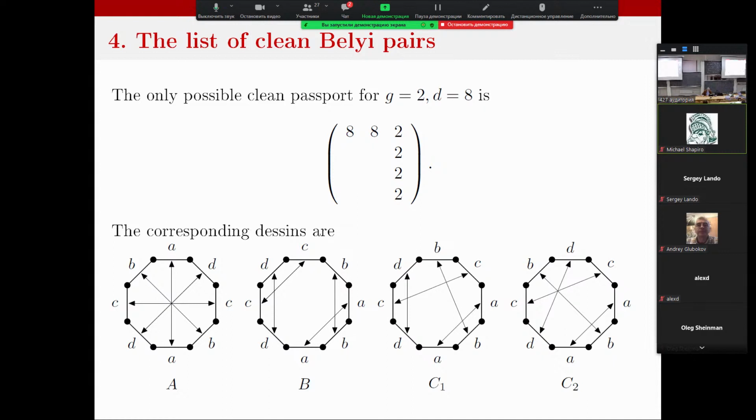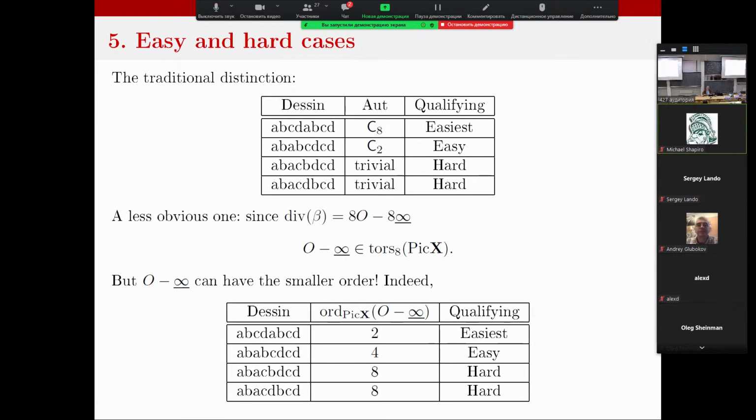So we use them as names, and the next thing to do is to distinguish them, this small set of 4 Belyi pairs, into 2 classes, easy ones and the hard ones.